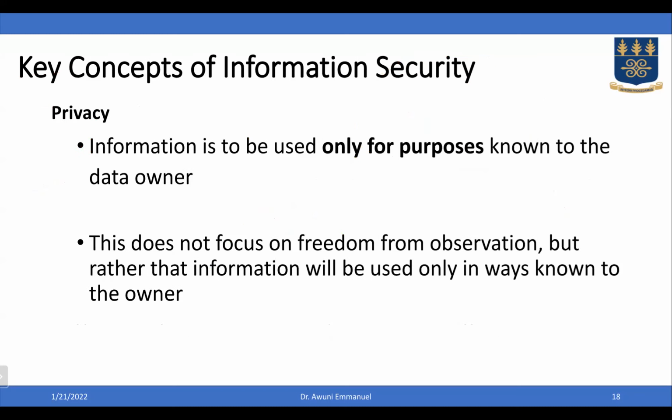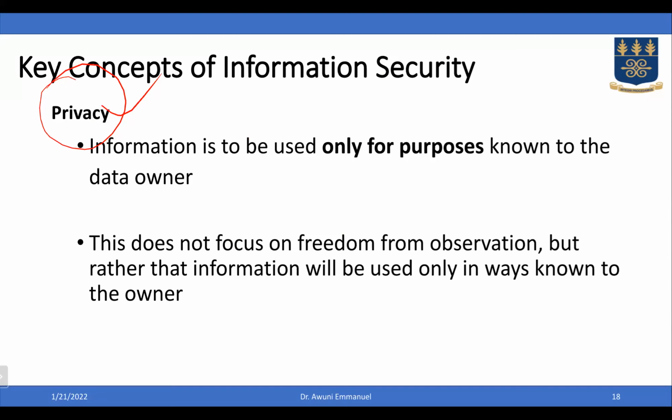So let's move on. These are other concepts. Privacy: I don't know whether it was Samuel or who asked this question. Privacy is now one of the key characteristics of information security. Privacy means information is to be used only for the purpose known to the data user. We are all entitled to the data that we have on our mobile phones.